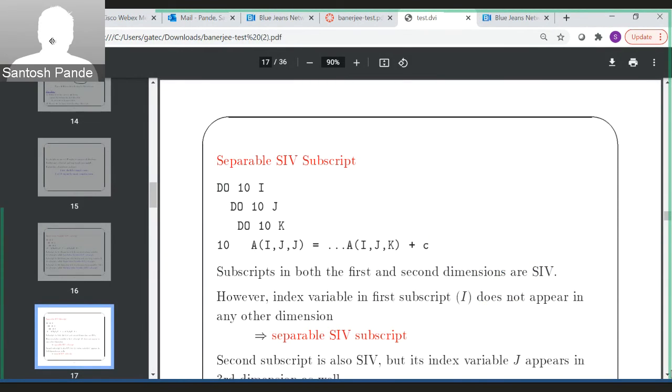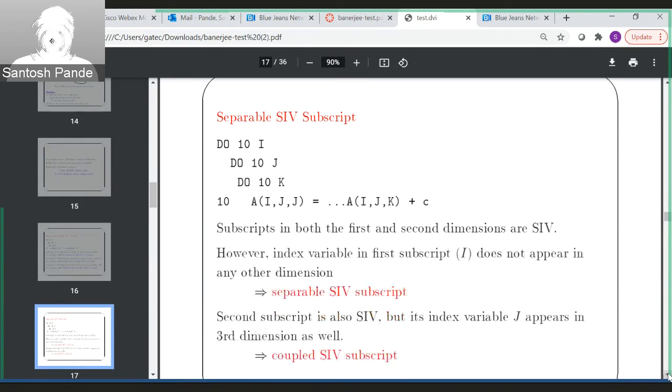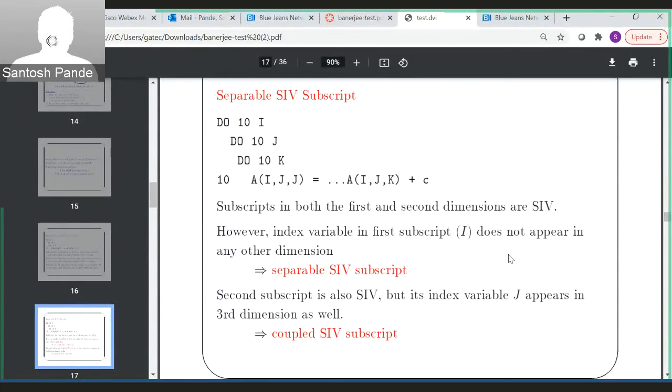Okay, now coming to the further cases here, which are interesting to look at, let's look at this example, ij, and ijk.